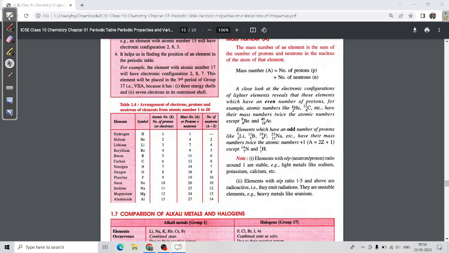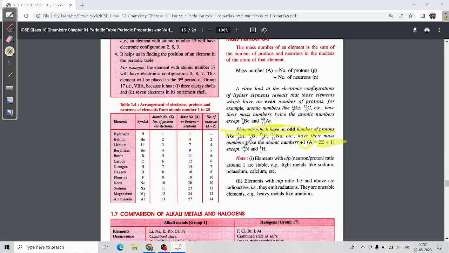One trick is there, how to remember the atomic masses. Elements that have an odd number of protons, meaning the atomic number is odd, the atomic mass A is equal to 2Z plus 1.